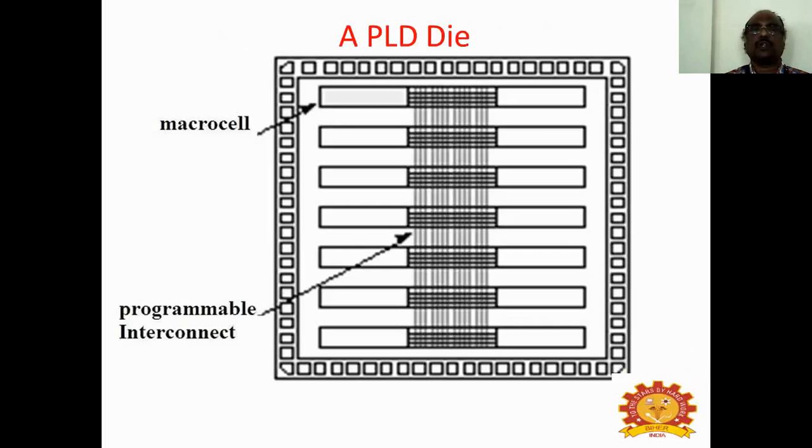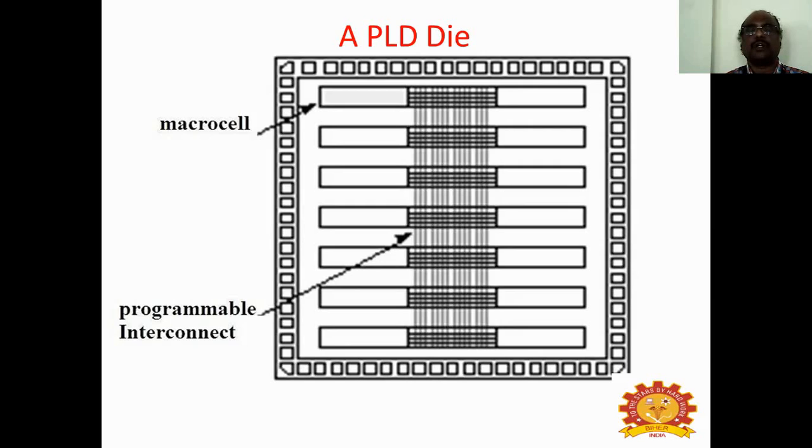So this is a programmable logic device where you have the macro cells and a programmable interconnect. This programmable interconnect allows the designer to customize the interconnection between the macro cells, where the logic gates are present, depending upon the design or the functionality of the integrated circuit to be implemented.